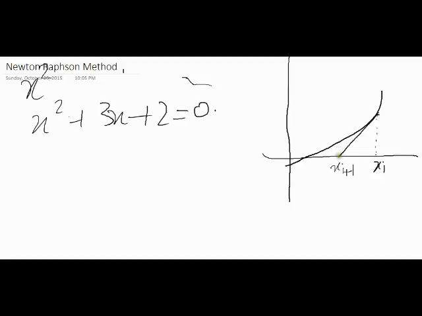A perpendicular drawn straight up to the curve gives the point f of xi plus 1, pretty logical, and the other point is f of xi.